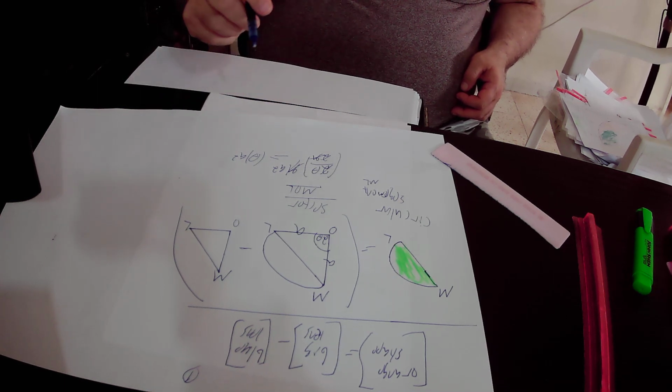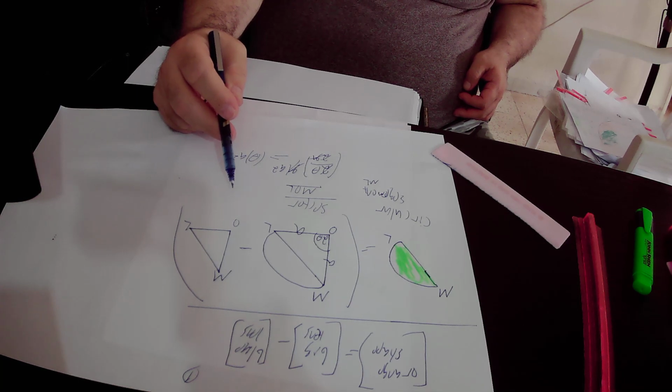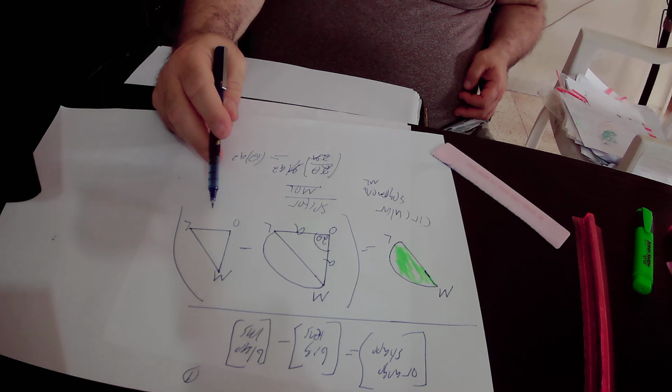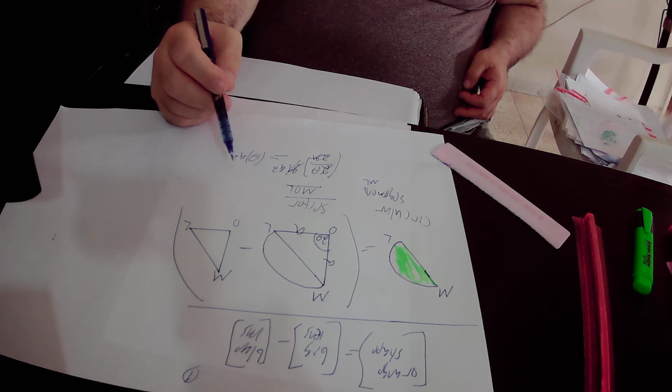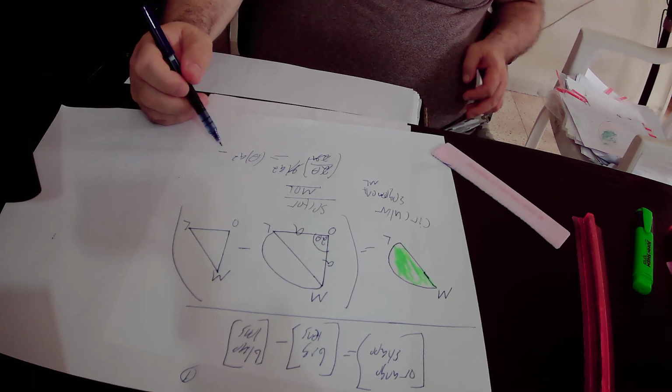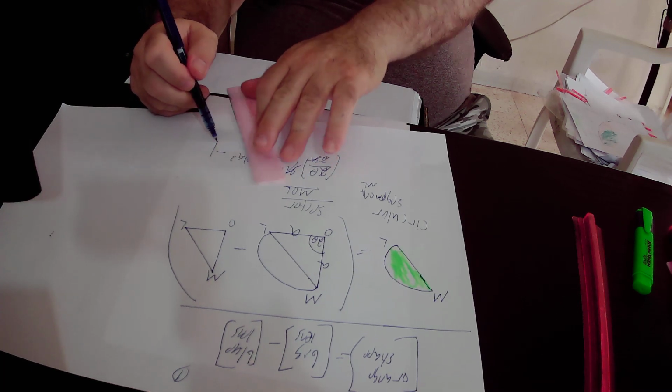We have to subtract also the area of triangle MOL, but we'll do it later. So I write it down. It is minus the area of triangle MOL.